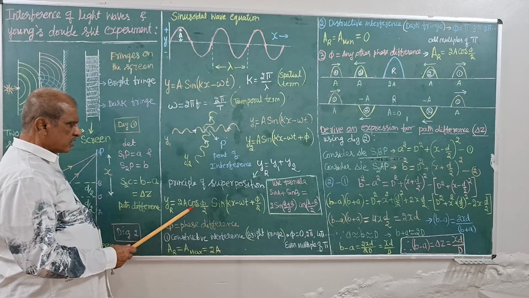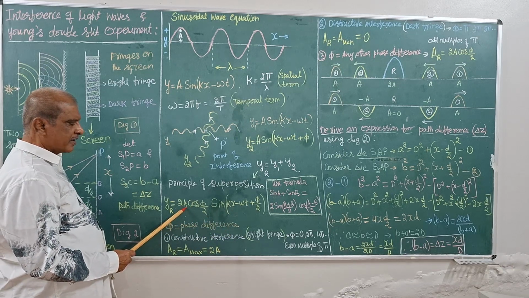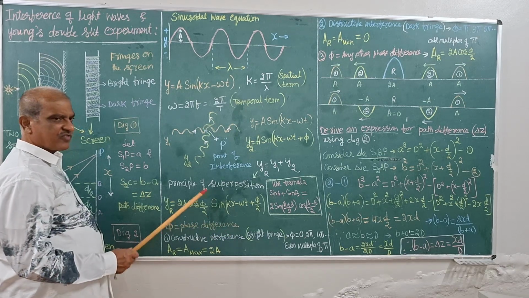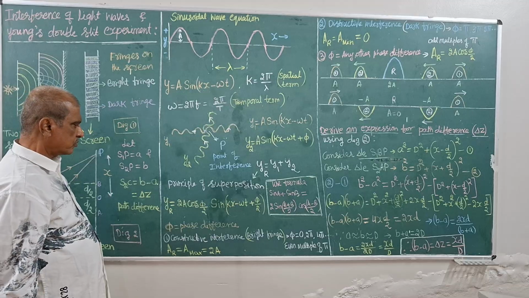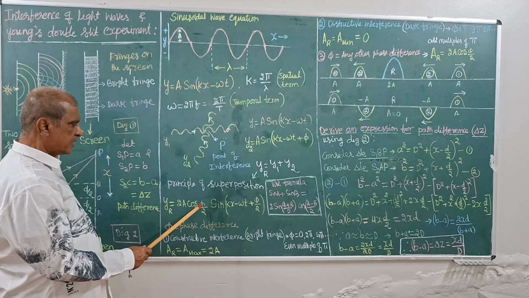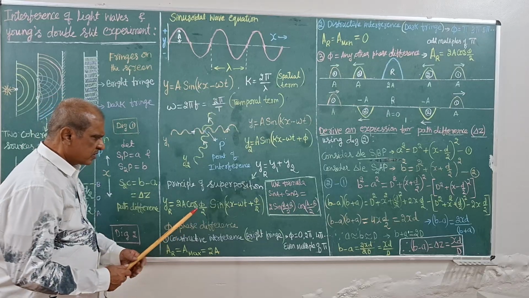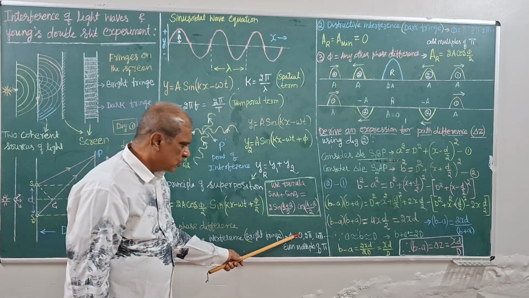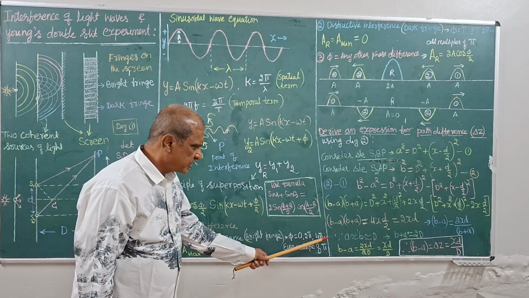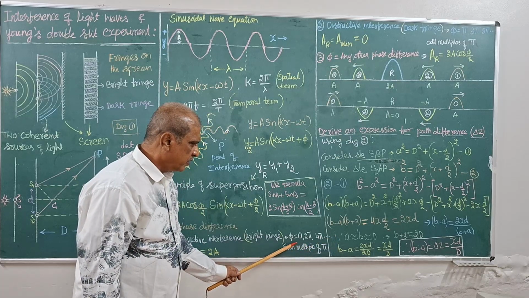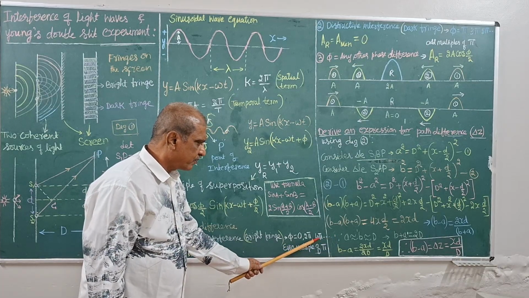Let us calculate the resultant amplitude for standard phase differences. Phi equals the phase difference. The standard phase differences are 0, 2 pi, 4 pi, 6 pi, 8 pi, that is, even multiples of pi.